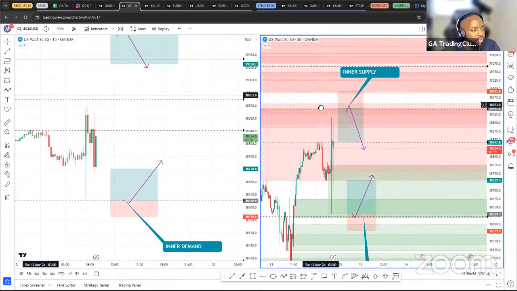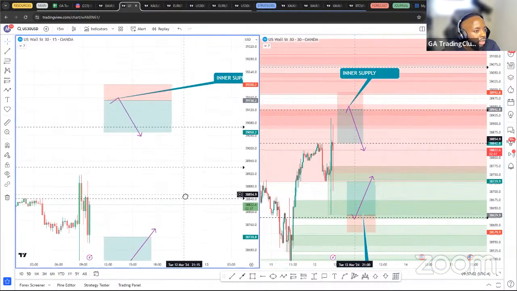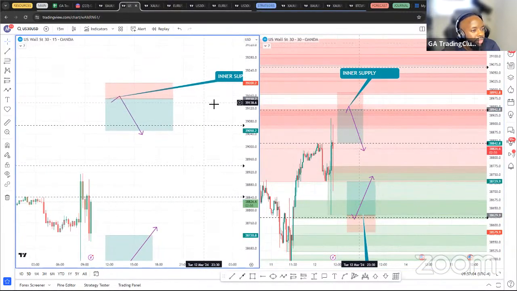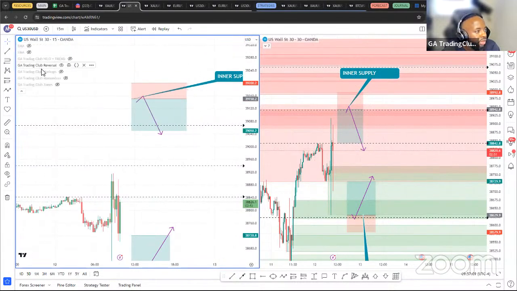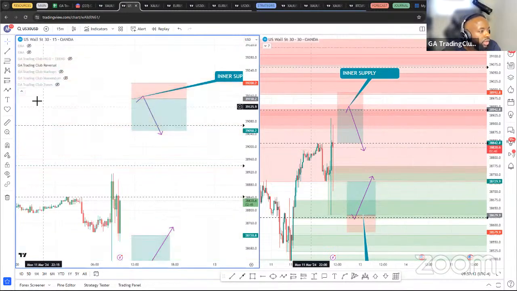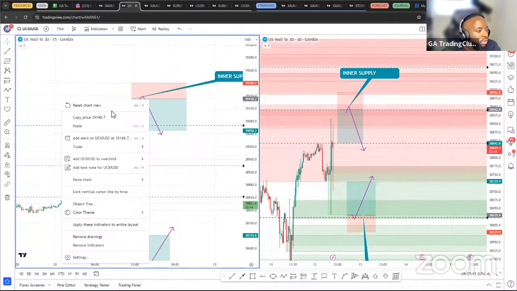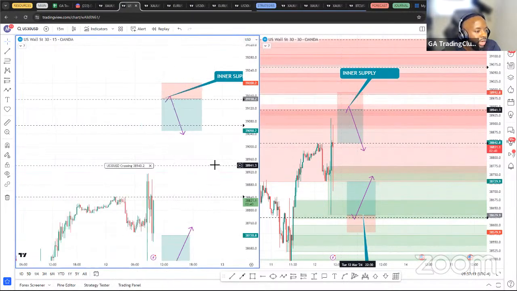Yeah, we'll see if we get this US 30 sell. This is 38,949. But 39,200 is a better one for US 30 on the 15-minute time frame. So I think that's the most optimal one. Add alert. So I don't think we'll get any setups here.